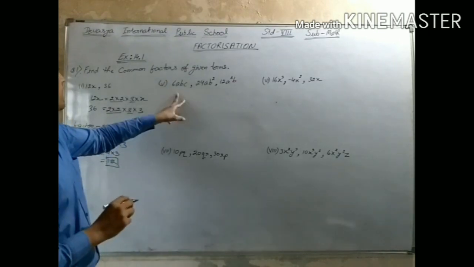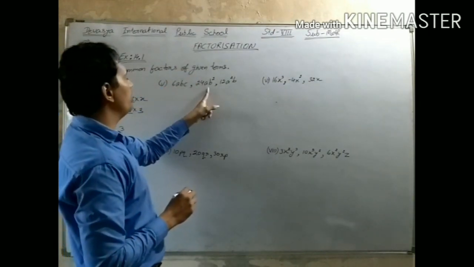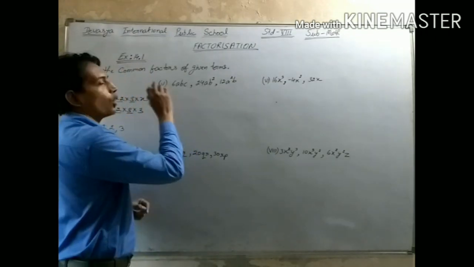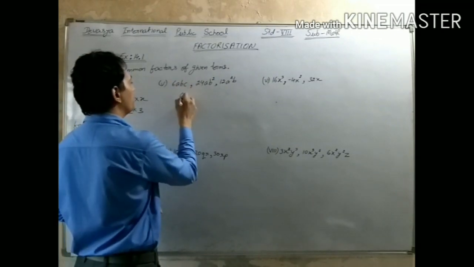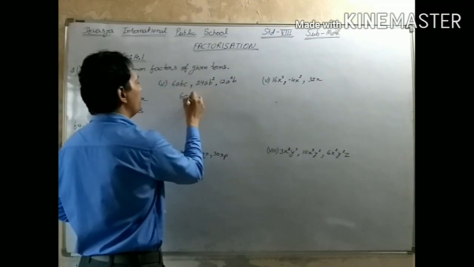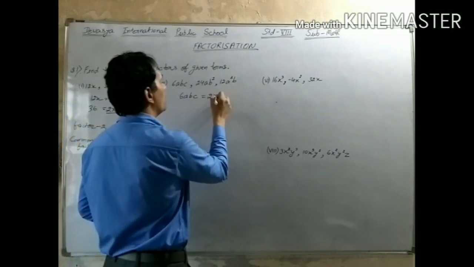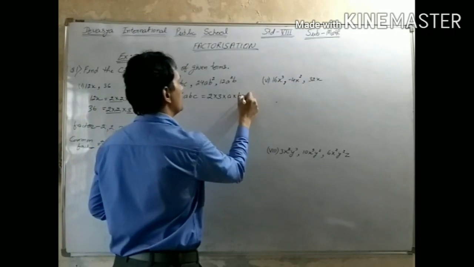In the same way, we have one more here, that is 6abc, 24ab square, 12a square b. We have three different terms and we need to find the common factor from all three terms. So let us first write the first term, 6abc, which we can reduce as 2 into 3 into a into b into c.